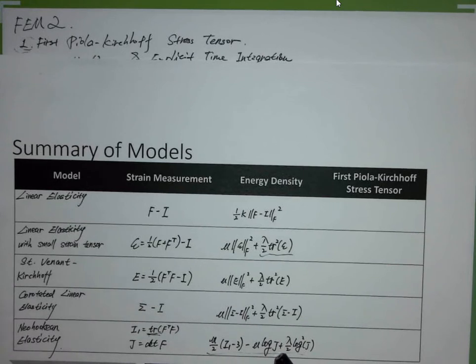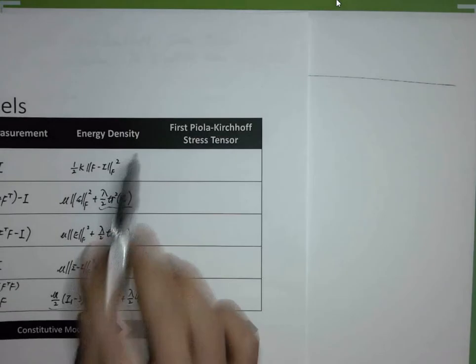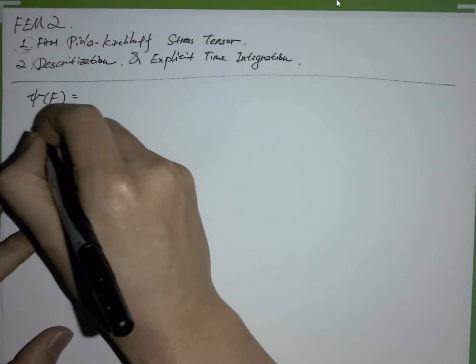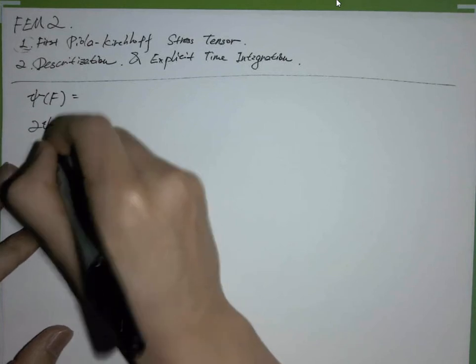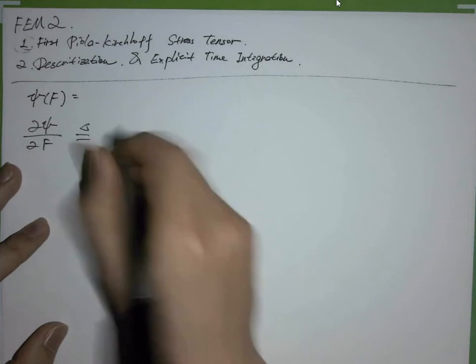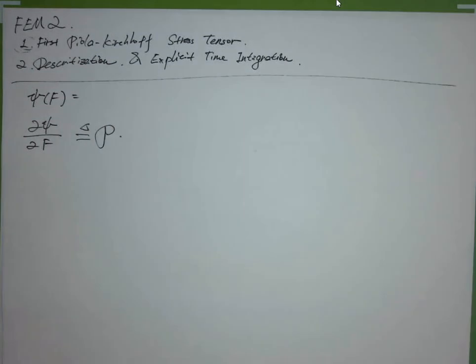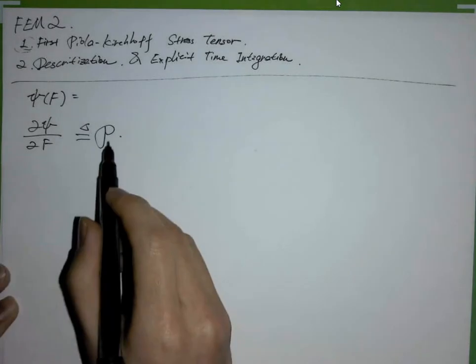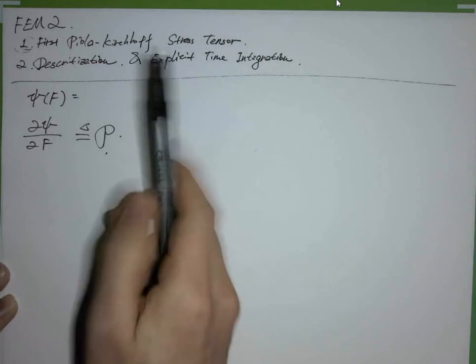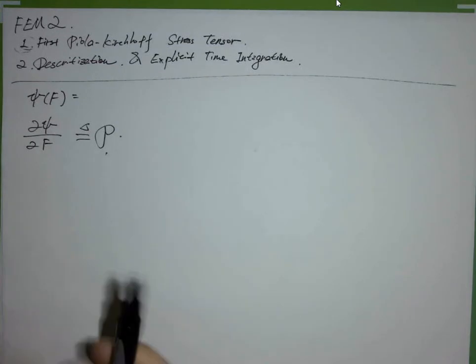All right. So one thing is we can define the energy density explicitly and calculate this thing, d psi over dF, and we define this one as our first Piola-Kirchhoff stress tensor. So one thing is, what is this P? Is it a scalar or a vector or a matrix?